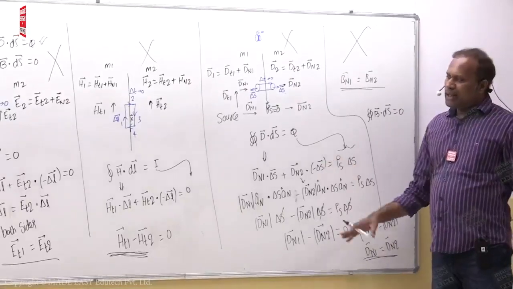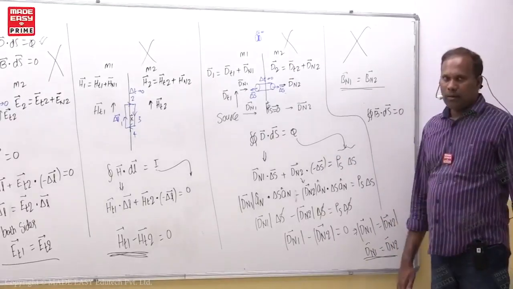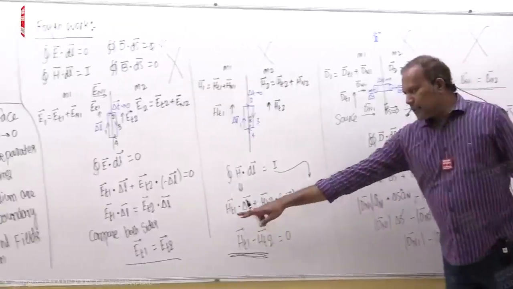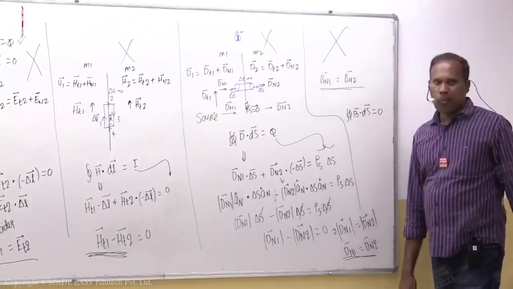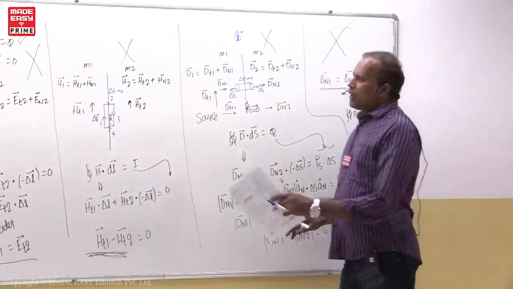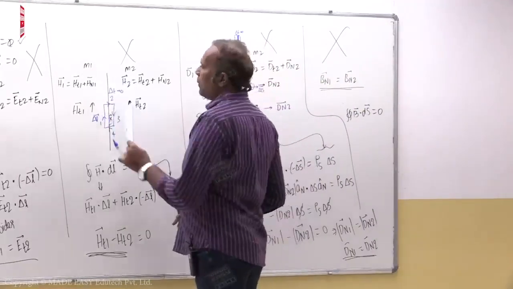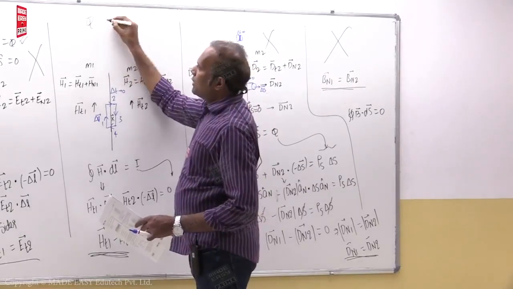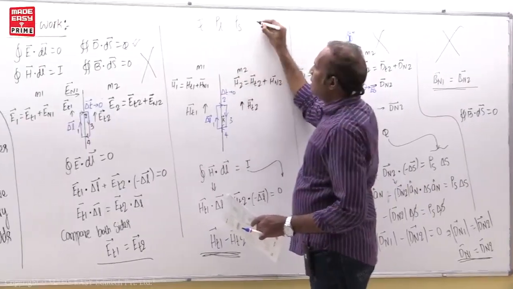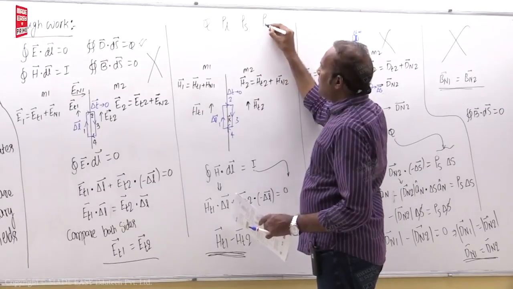So how many boundary conditions are there? Four. For intensities, 2 relations; for densities, 2 relations. On the boundary surface, what sources can be there? I explained point charge, line charge, surface charge, and volume charge.